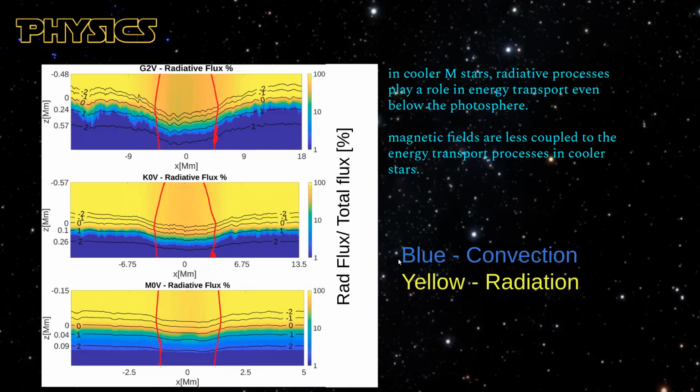So the basic idea is that in cooler M stars, radiative processes play a non-trivial role in the energy transport even below the photosphere. And so magnetic fields are less coupled with the energy transport processes in cooler M stars. So yes, magnetic fields still affect the contrast, but not as much as on a hotter star like the sun. And this is because the balance between radiation and convective energy transport is different on different spectral types.